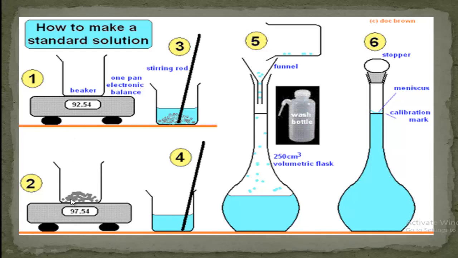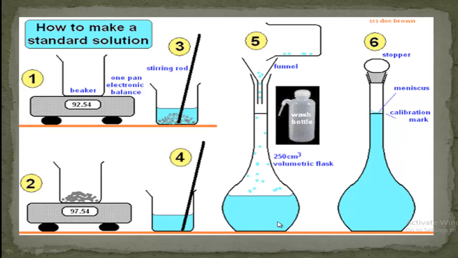Since we want to make a solution, that means it is dissolved in water, so for this we will add some water to the solute substance and we can dissolve it through a stirring rod. When it is dissolved, then we will pour this solution into a volumetric flask.